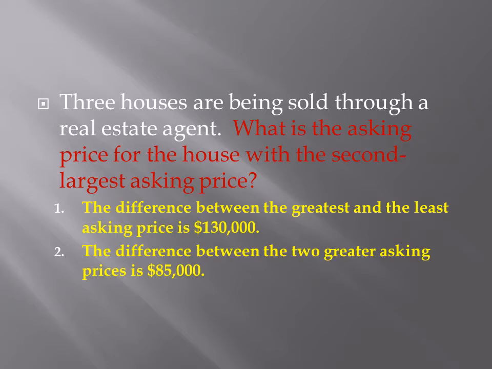What is the asking price for the house with the second largest asking price? We have 2 pieces of information given. Statement number 1 is the difference between the greatest and the least asking price is $130,000. Statement number 2 is the difference between the 2 greater asking prices is $85,000.